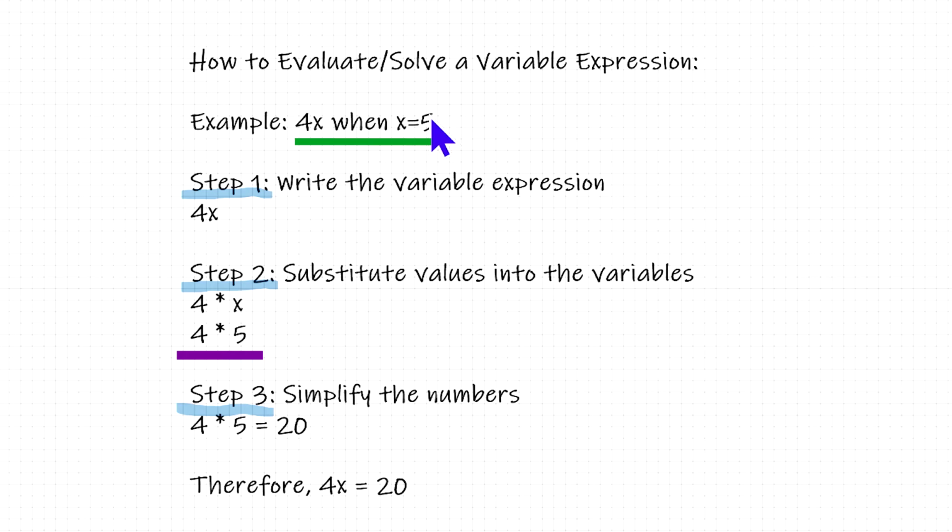If you guys need more explanation, I'll explain it down in the comments. Just ask. And then the last step is just simplify the numbers or carry out the operation that's needed. In this case, multiplication. So you can just do 4 times 5, and if you know basic multiplication, 4 times 5 is equal to 20. So therefore, 4x is equal to 20.